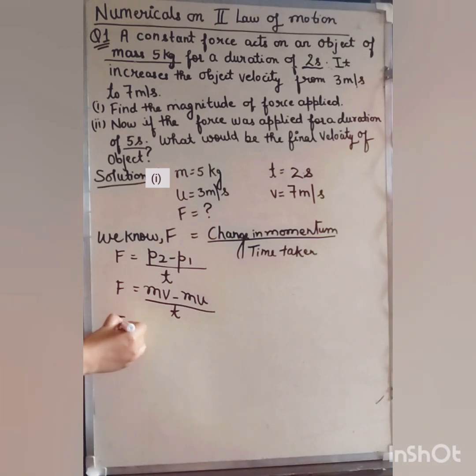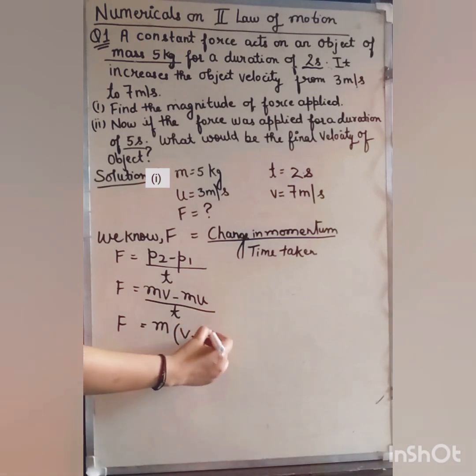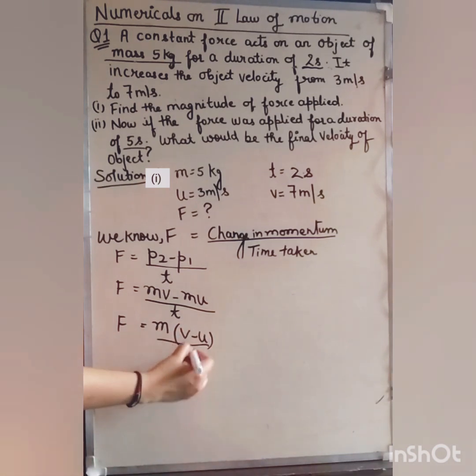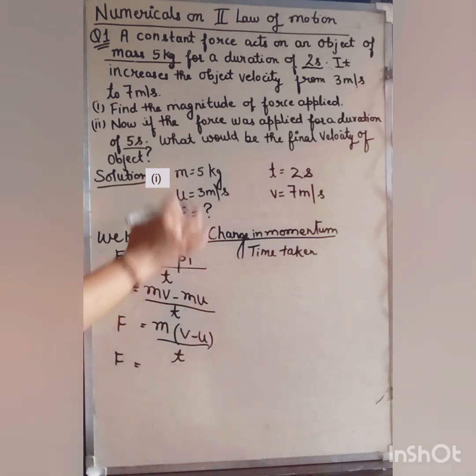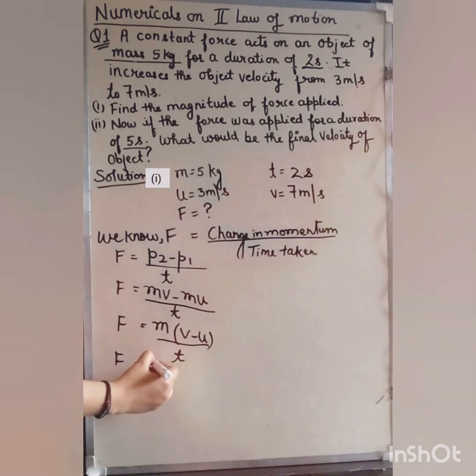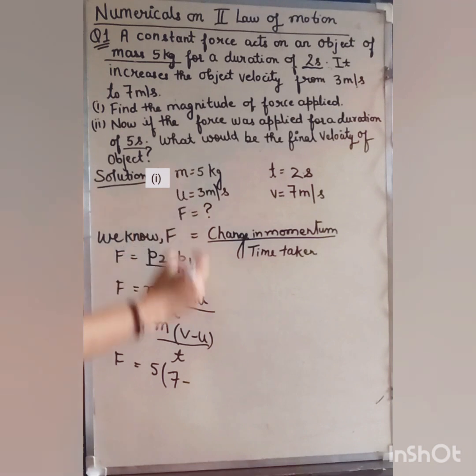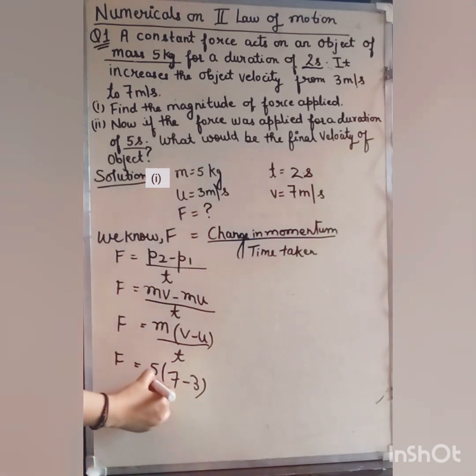Now can I take mass common? Yes, m is coming common, so I will take m outside and in the bracket it will be v minus u upon t. Now I have to simply put all the values, which have been given here. Mass is 5 kg, v, that is final velocity, is 7 minus initial velocity 3, upon time taken 2.